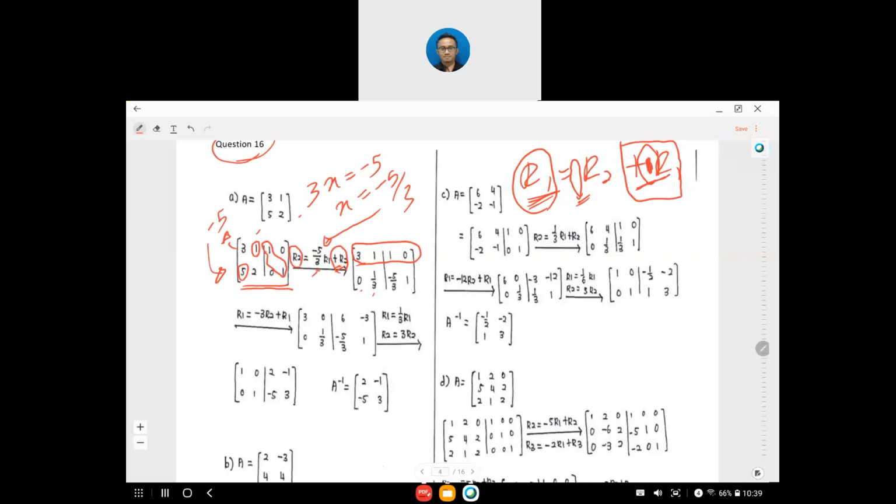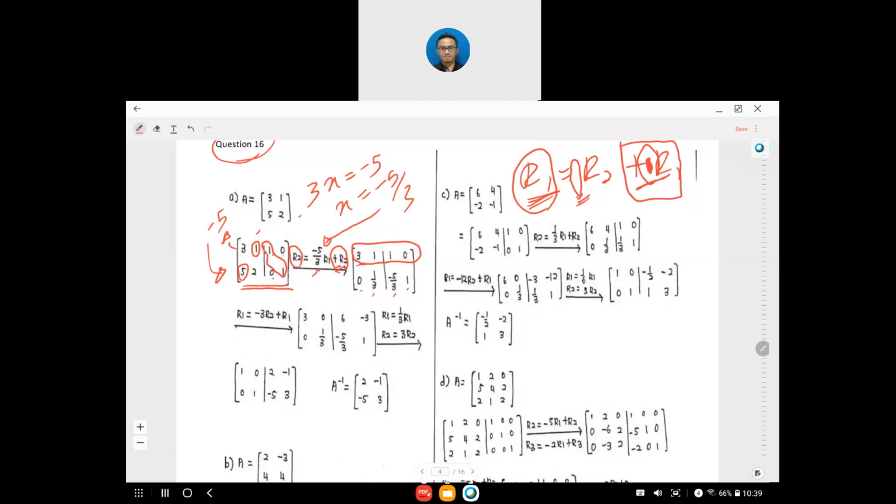Okay, so you can get 1 over 3. Tekan calculator tu biar betul-betul. And then the other one, negative 5 over 3 times by 1, so you can get negative 5 over 3 plus 0, so you can get negative 5 over 3. And then the other one, negative 5 over 3 times 0, you can get 0 plus 1, you can get 1. Okay. So you can get this value.